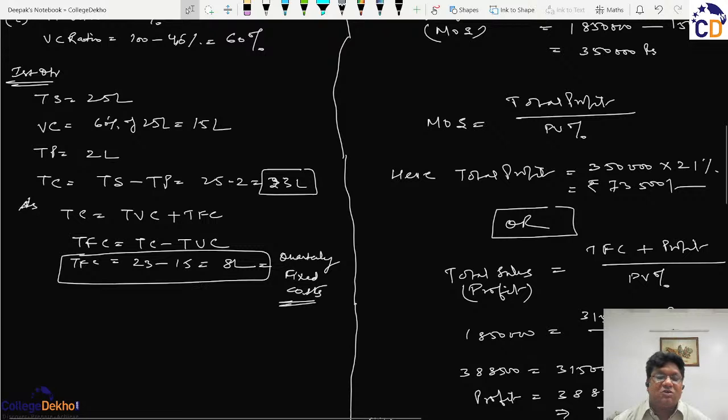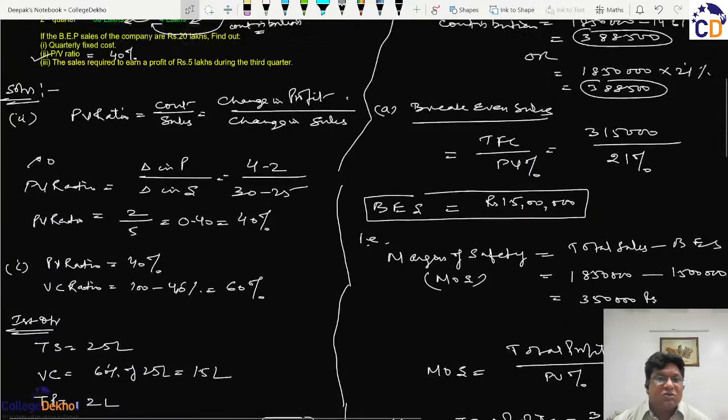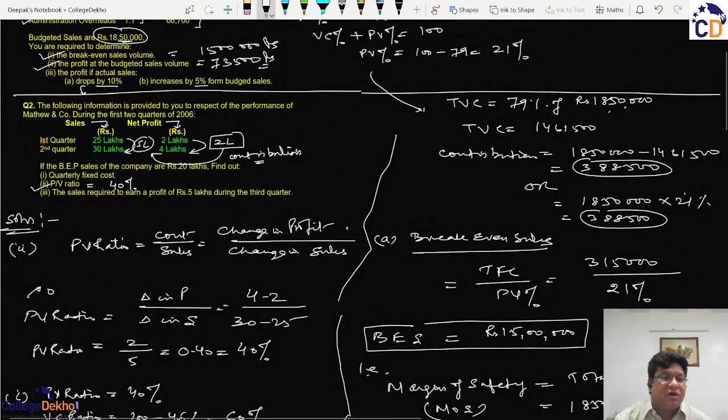And because fixed costs are period costs and not product costs, even in the second quarter where sales have increased and profit has increased, the fixed cost will still be 8 lakhs. So for each quarter the fixed cost will be 8 lakhs, though the total variable cost, which was 60% of 25 lakhs, that is 15 lakhs in the first quarter, will be 18 lakhs in the second quarter, being 60% of the 30 lakhs.